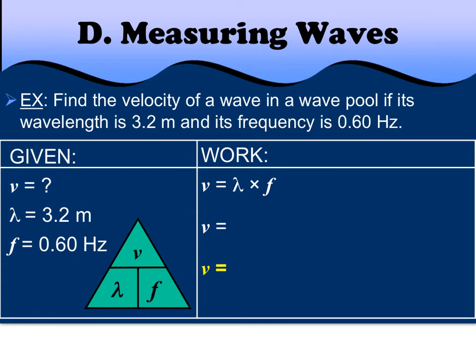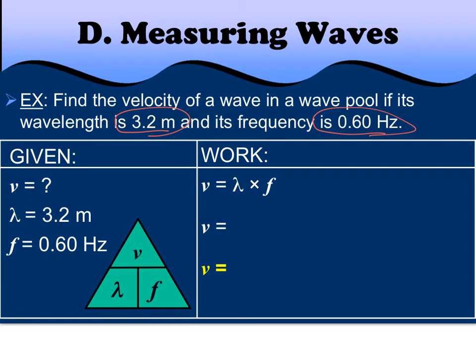So now I'm going to walk you through a couple of examples of how to do physics problems with waves. The first one is this. I'm asking you to find the velocity of a wave in a wave pool if its wavelength is 3.2 meters and its frequency is 0.60 hertz.